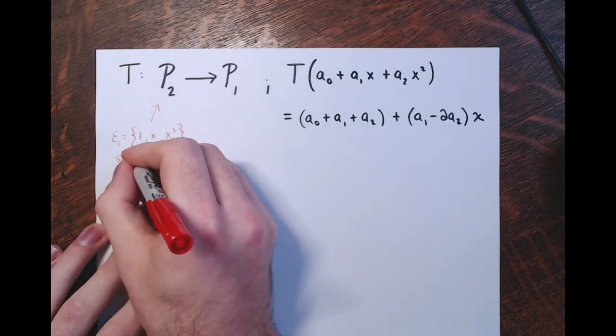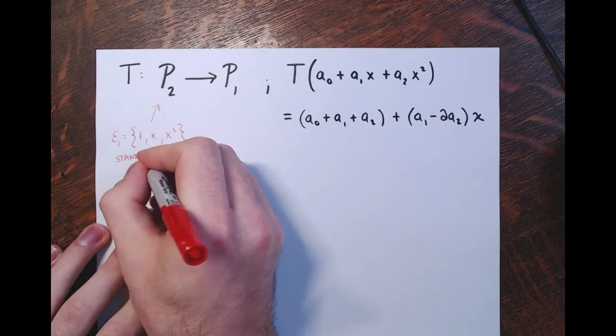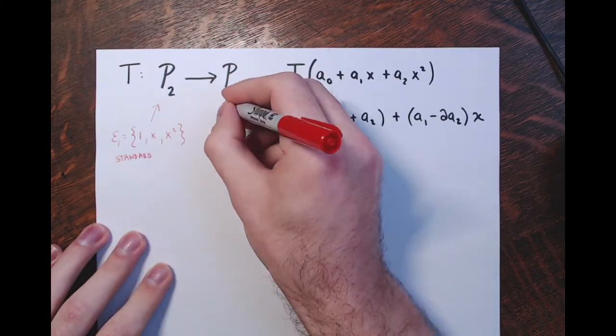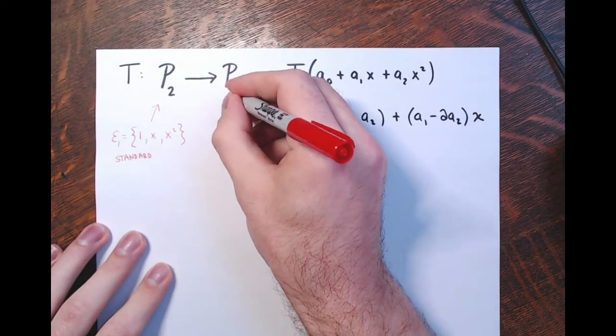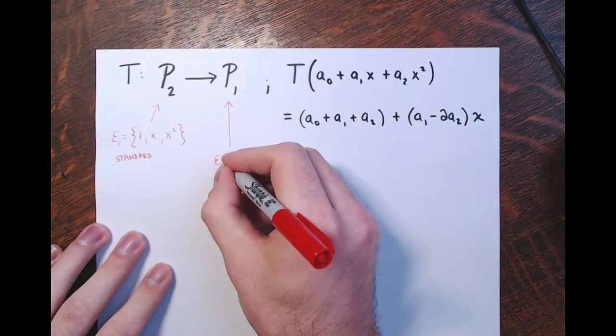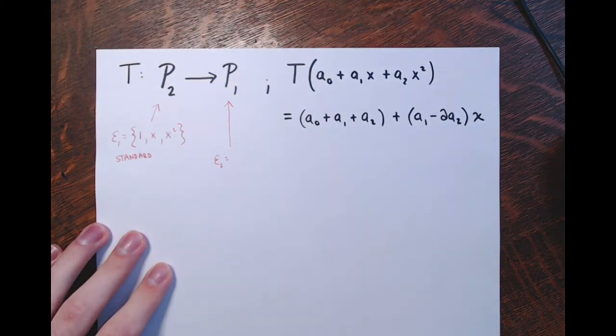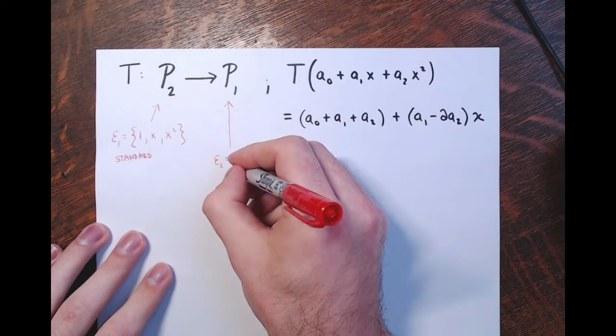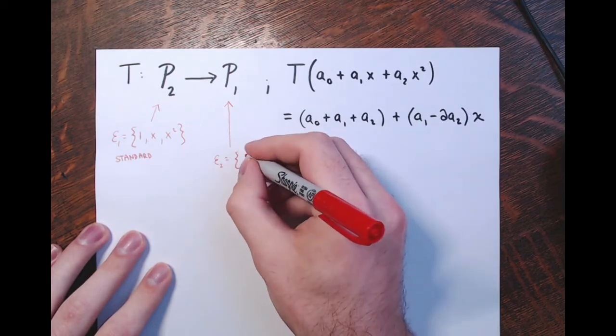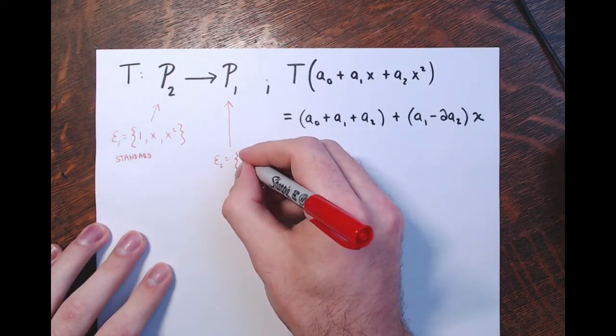That's the standard basis for P2. And then for P1, the codomain, I'll call this E2, the standard basis for the codomain. Remember the standard basis for P1: every polynomial of degree 1 or less is a multiple of 1 plus a multiple of x.